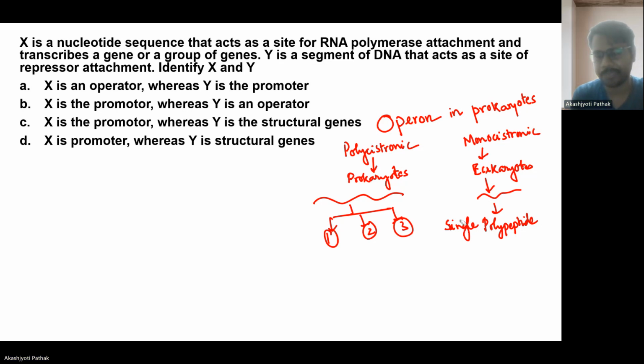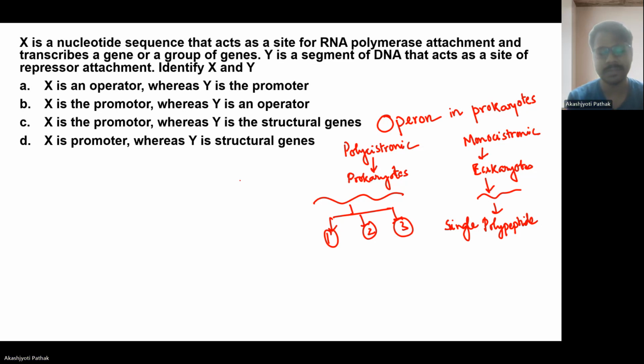An operon means that there are multiple genes which are under the control of a single promoter and a terminator. So a single promoter is controlling the expression of more than one gene. That is called the operon.